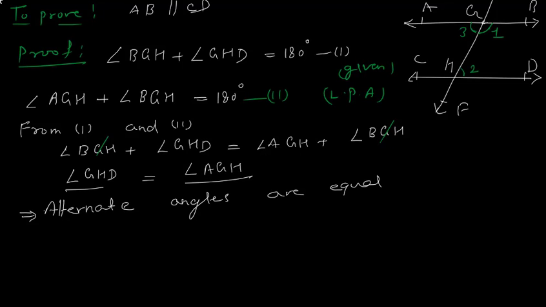So when alternate angles are equal, therefore we will say that line AB is parallel to CD. Why are these two lines parallel? Because we have seen the converse of the alternate angle theorem, that when alternate angles are equal then lines are parallel. This we already know, therefore I will say that AB is parallel to CD, and in the reason we can write converse of alternate angle theorem.